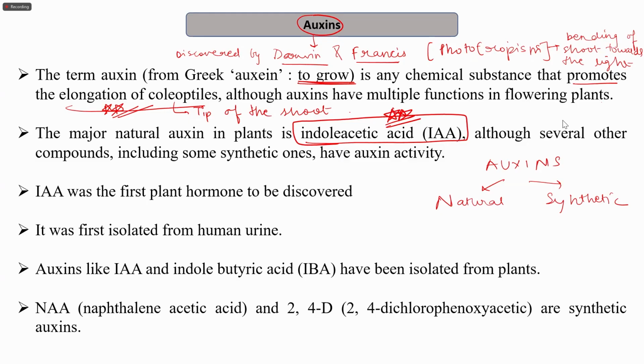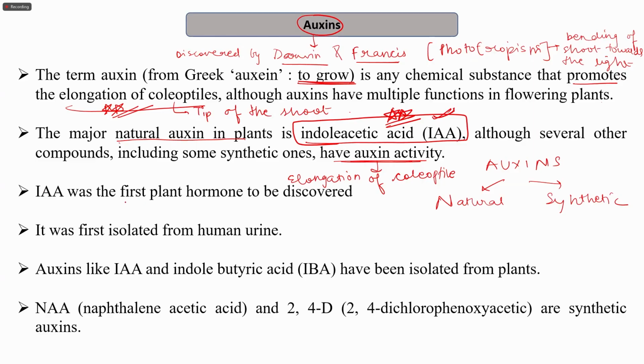So the term indole acetic acid is used for the natural auxin identified in plants. Although several other compounds, including some synthetic ones, also have this auxin activity, that is, the elongation of coleoptile activity, the natural one is indole acetic acid.